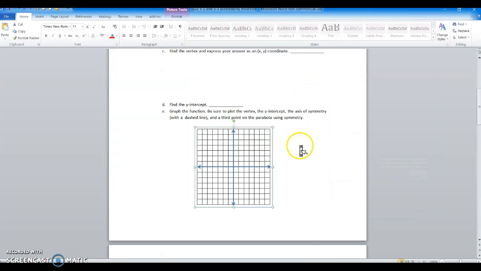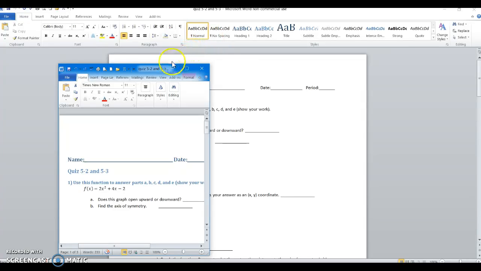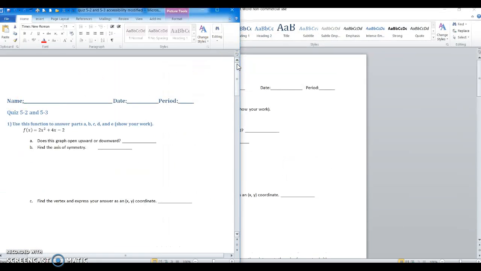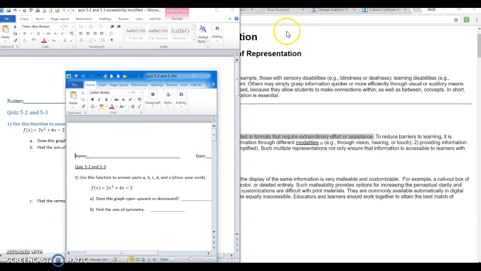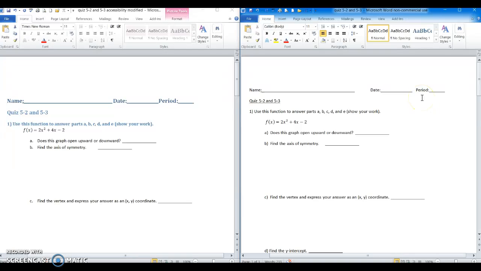So maybe it might help to give you a side-by-side view. So there you can compare sort of all at once how my original changes from to the modified one.